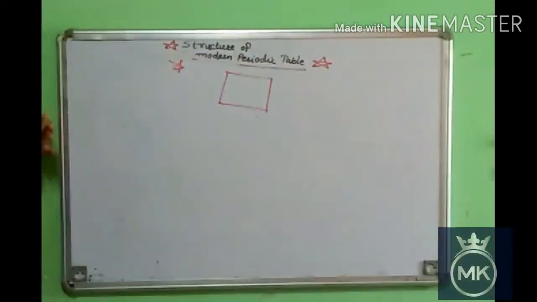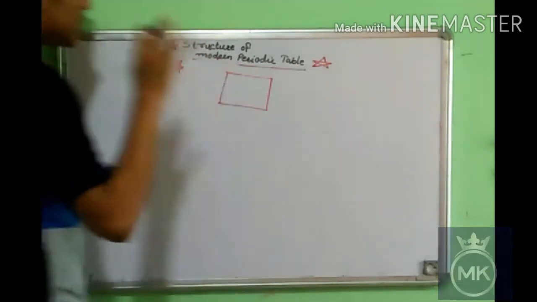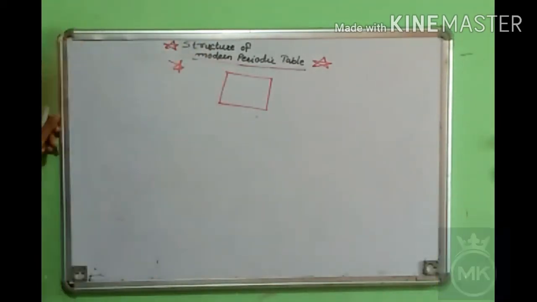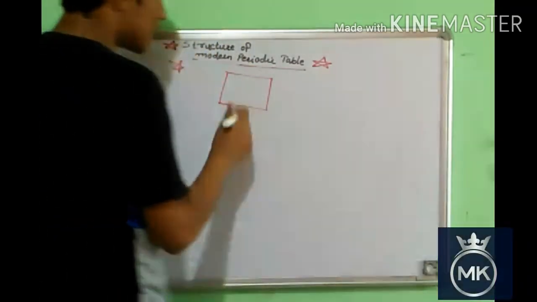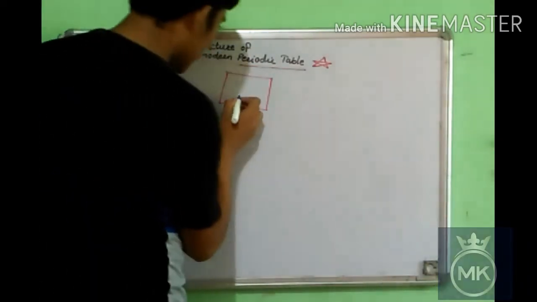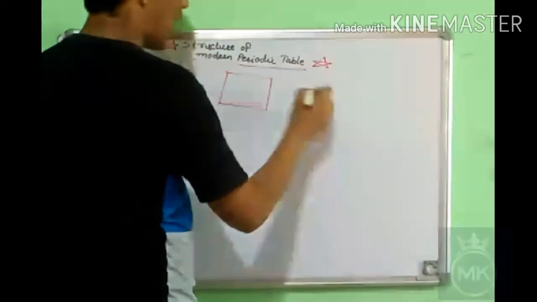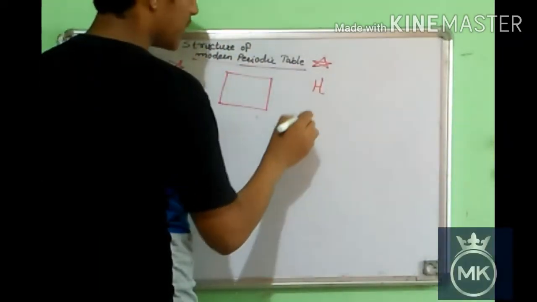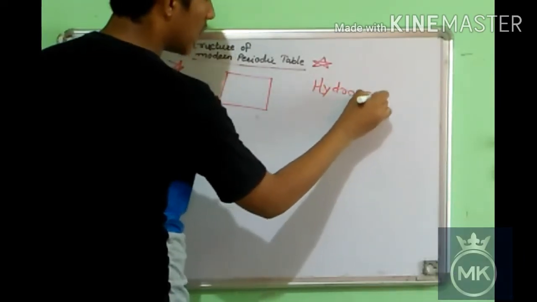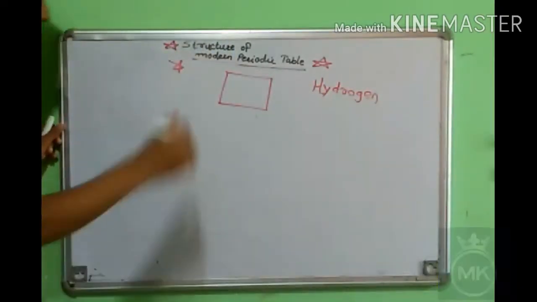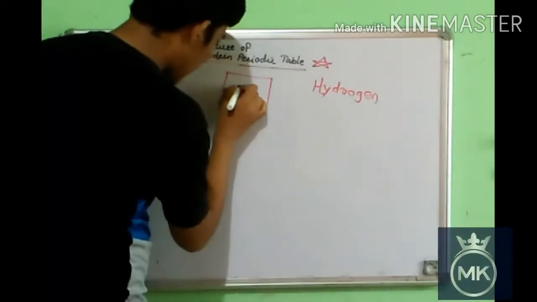You know that one element contains one box, but what is the structure of this box? What is included in this box? Firstly, in the middle of the box the symbol of the element is included. Suppose we are given H, hydrogen.